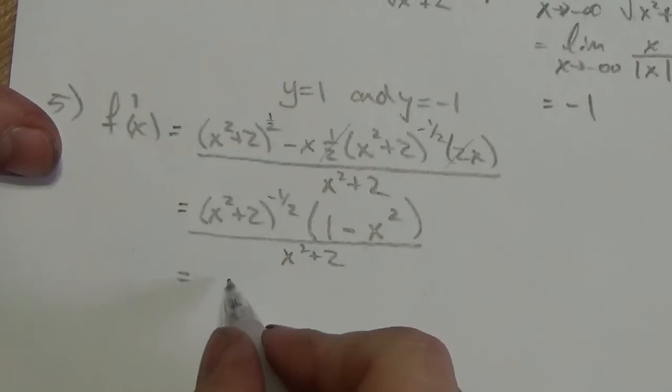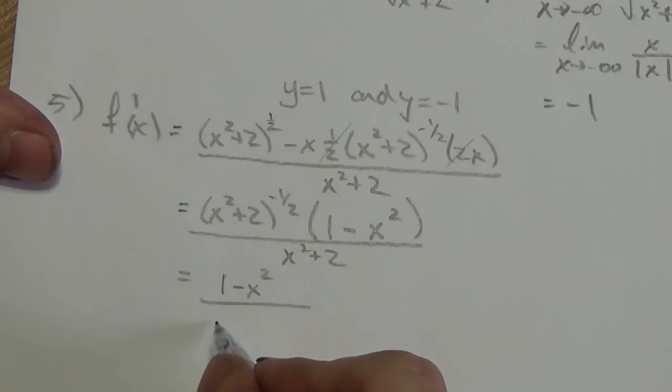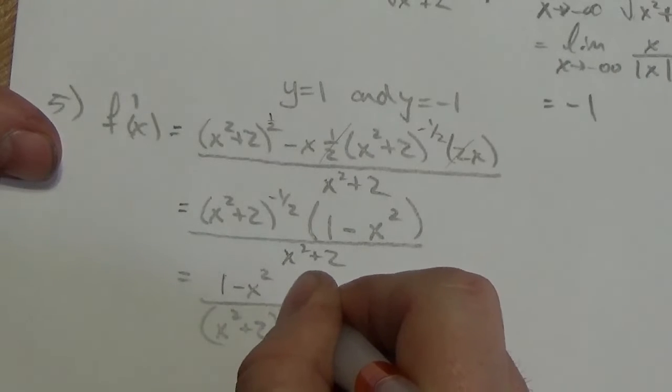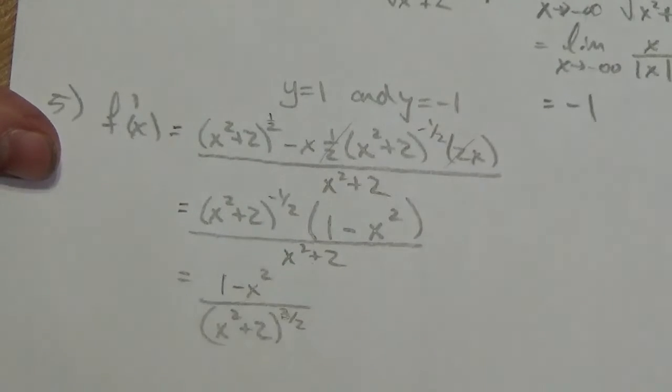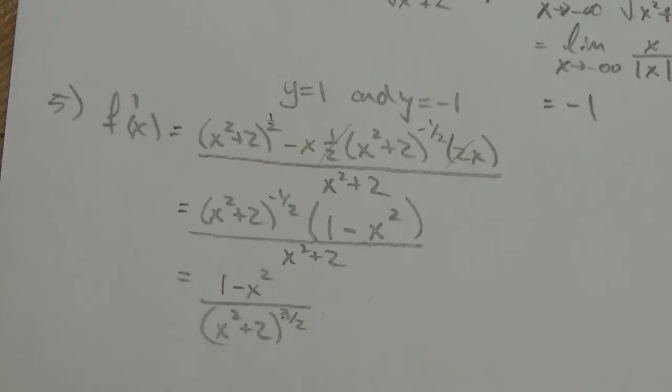That's going to drop down to the denominator, so I'm going to get 1 minus x squared all over x squared plus 2 to the 3/2 when I bring that down, because this is all to the 1, and I'm just going to add that 1/2 down there.